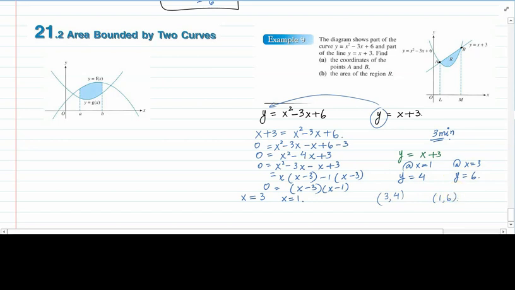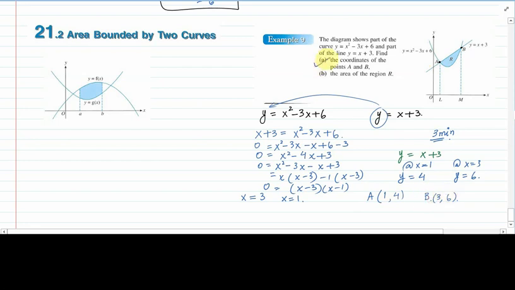When x is 3, y is 6, and when x is 1, y is 4. So from the figure we can identify that this is my point A and this is my point B. Alright, so that is your first part.